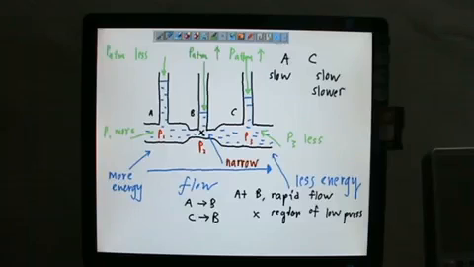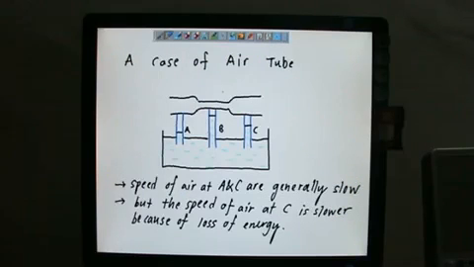So we also want to consider a case of an air tube. Okay? If your air tube has air flowing again from left to right, and you know that A and C, as we can compare again, are generally slow as written here.